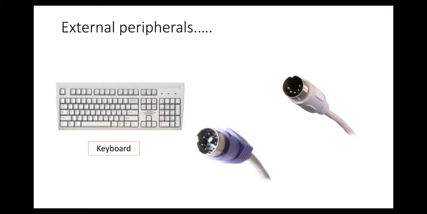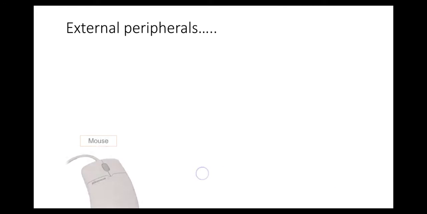For example, the keyboard is an external peripheral because it is situated outside the system unit, and we connect it with the help of these connectors to the CPU, the system unit.